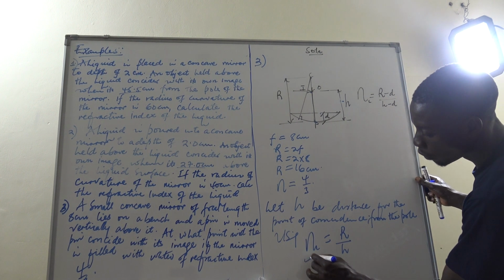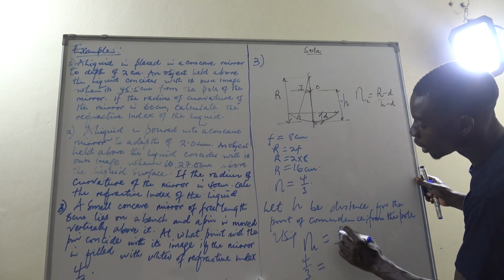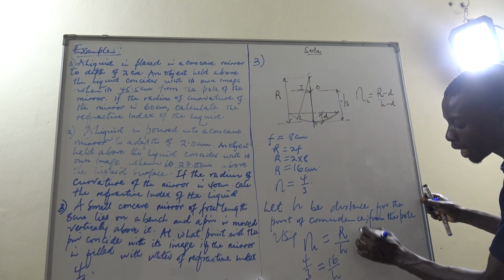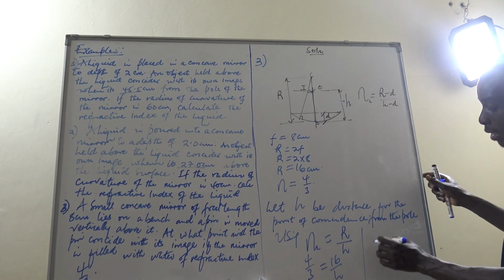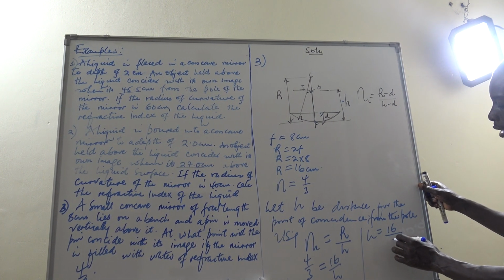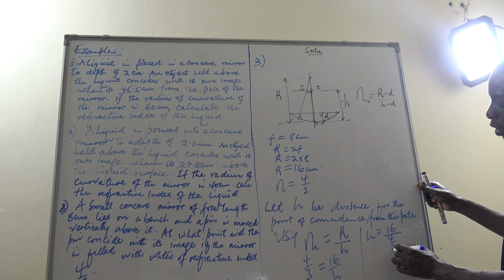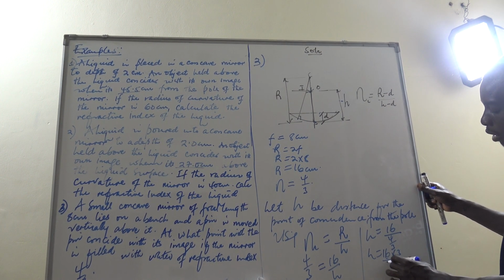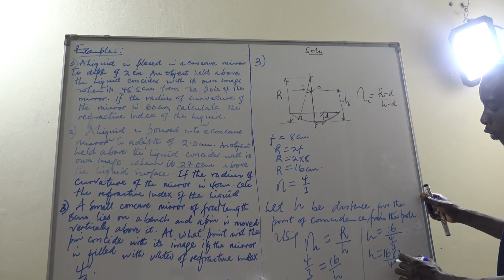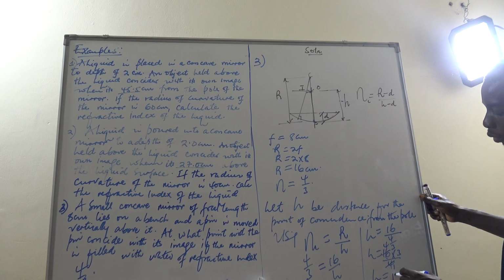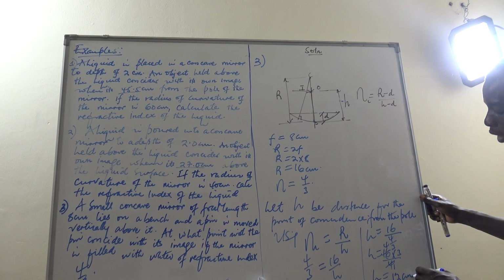So that means that 4 out of 3 equaling to R, which is 16 out of H, implying that my H can be equaling to 16 divided by 4 out of 3. And this is H equaling to 16 times 3 out of 4. Reduce this one, that H should be equaling to 12 centimeters.